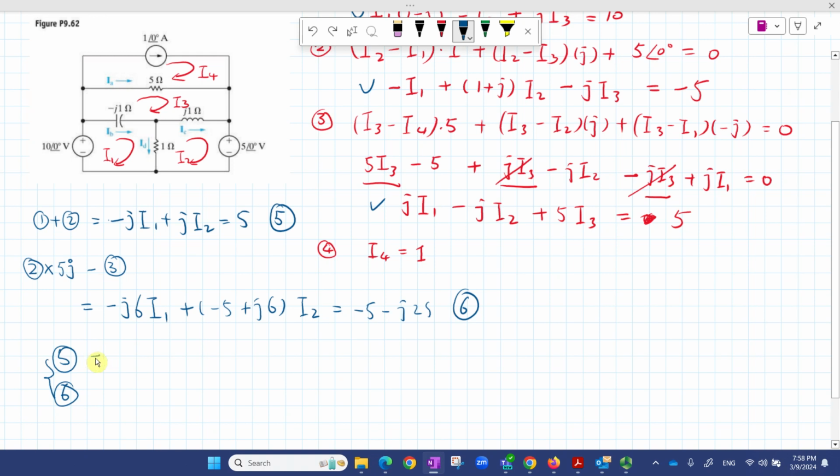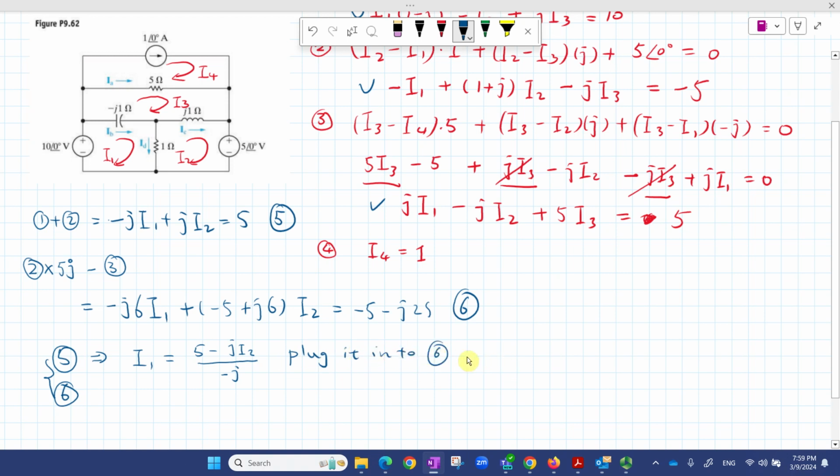I want I1 equals to 5 minus j I2 over negative j. Okay, so from number 5, you move this one to the other side and divide by that. Okay, and then you want to plug it into number 6.